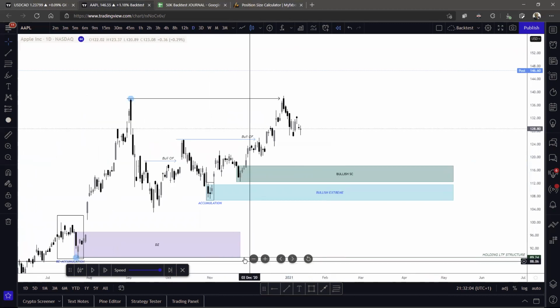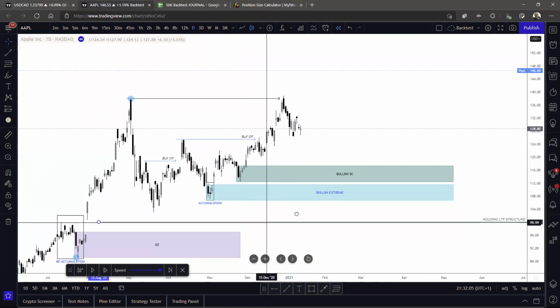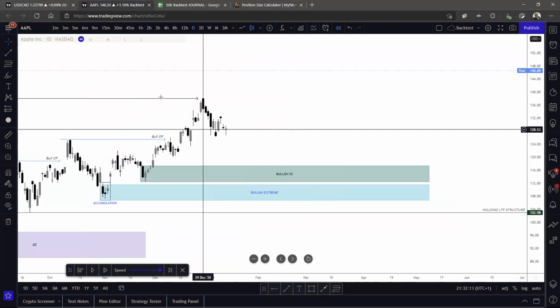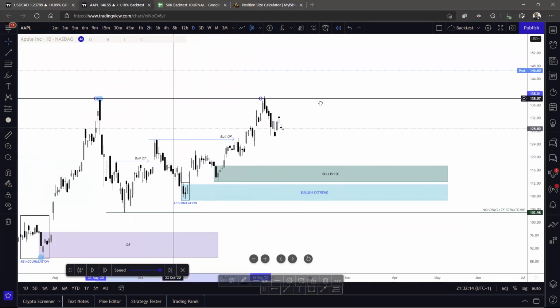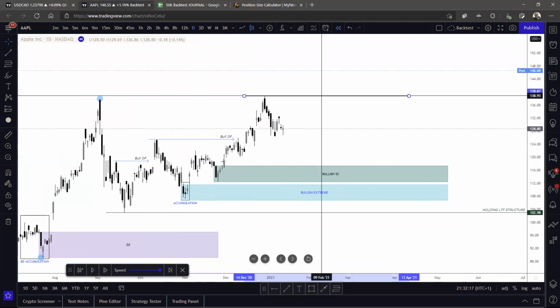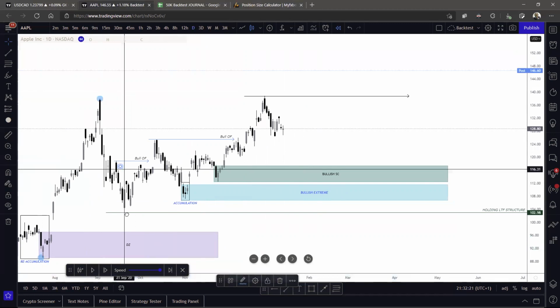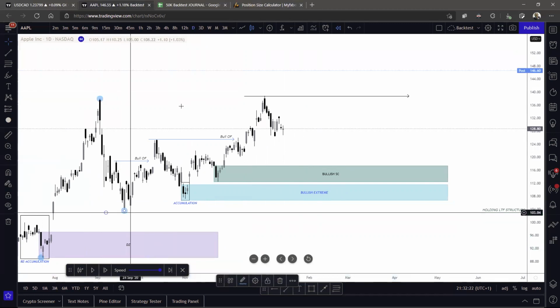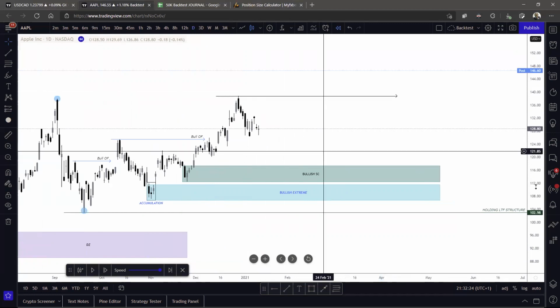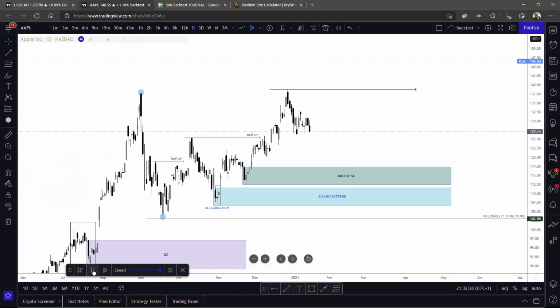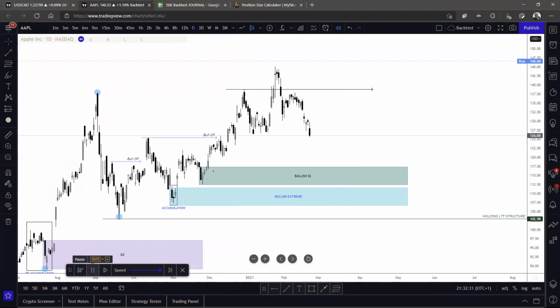And this is now what's holding lower time frame. Okay. And now we need this to be broken. Okay, so this is the higher low. Fine.